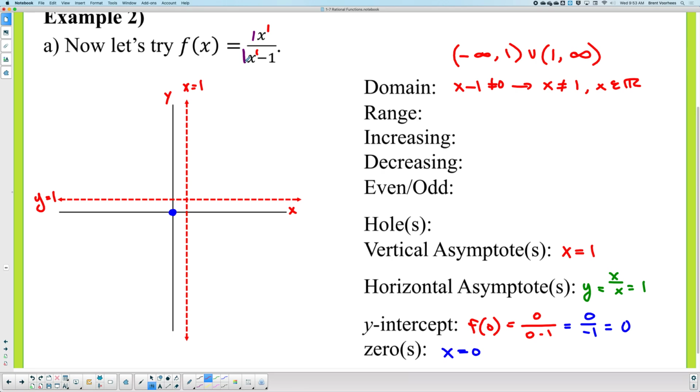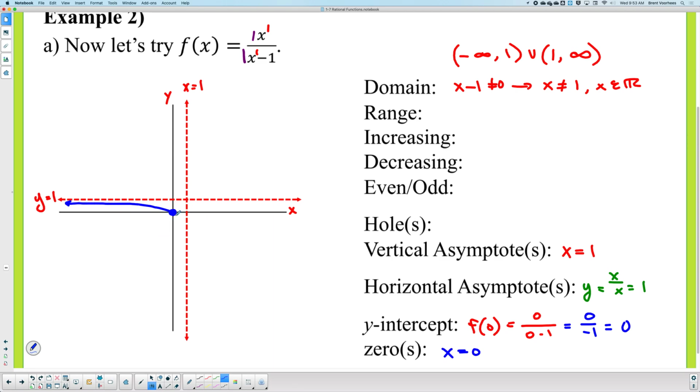So, how do I get the rest of my graph from here? This graph is supposed to look like a C-curve. What's my power in the denominator? Even or odd? Odd. So on our new origin, where the asymptotes cross, we should have C-curves. The point I have is here. So the way the graph would have to look is this piece would have to curve this way.